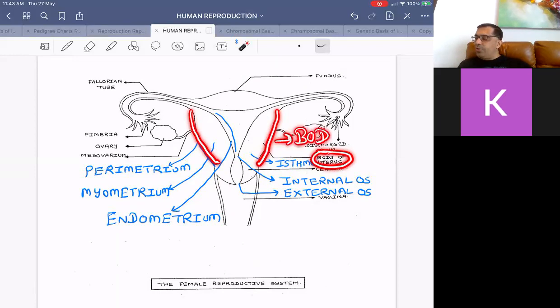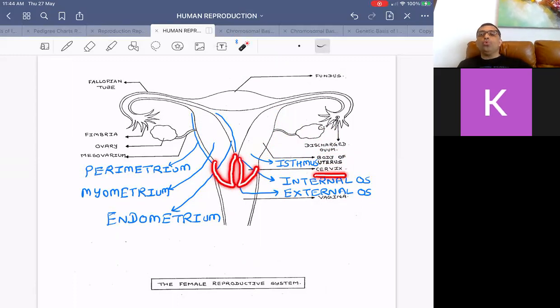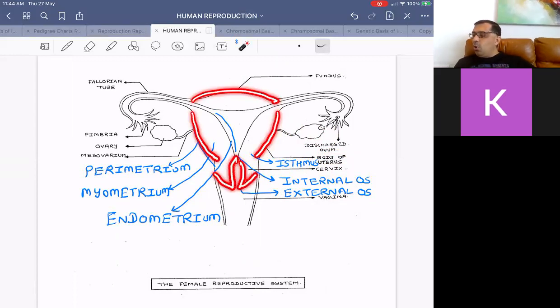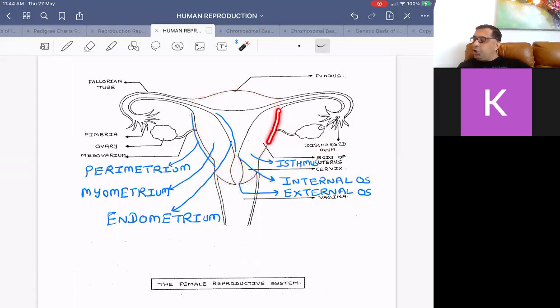This is the body of the uterus. And below we have a narrow part which is called the cervix of the uterus. So we have the fundus, the body, and the cervix. So three parts, of which the junction of the body and the cervix is a narrow part called the isthmus.